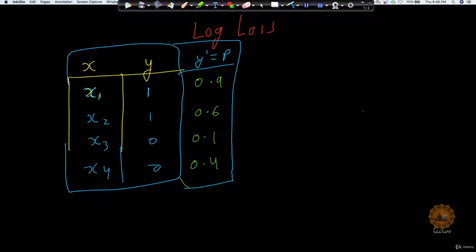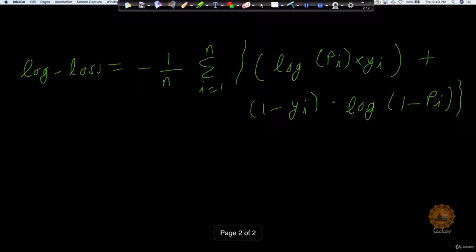So if I have to place this data into my formula, since I have a minus symbol, I can put my minus inside and start solving it. My first value will become what? Minus log of pi. Pi is what? 0.9, right? So for the first row, I have the probability of 0.9 into yi. Yi is what? 1. So I got this value.